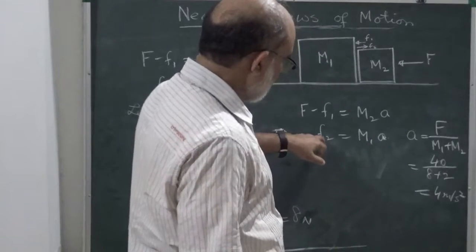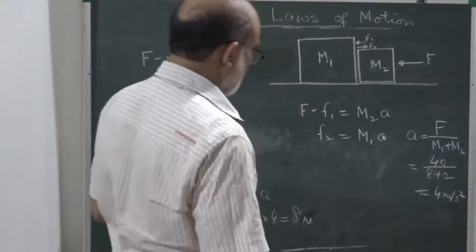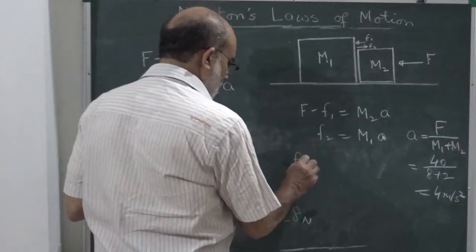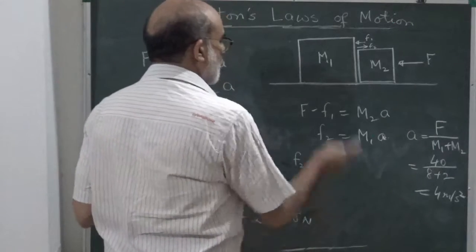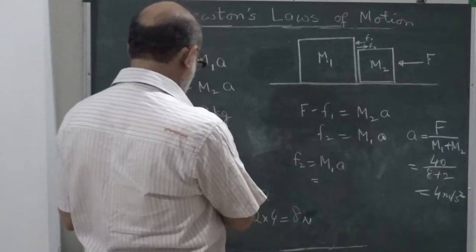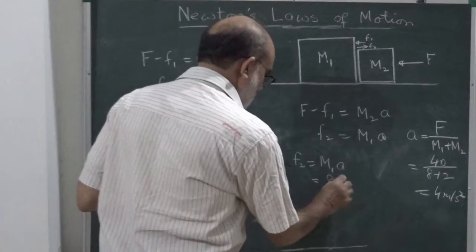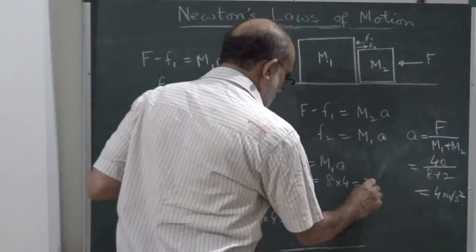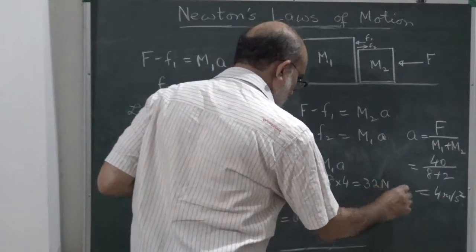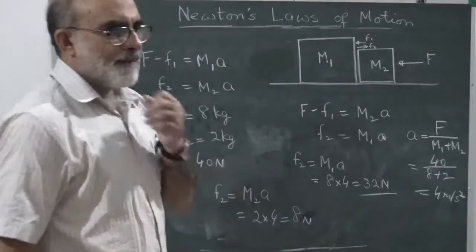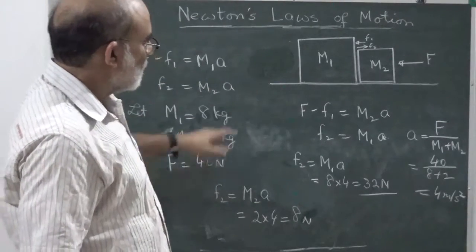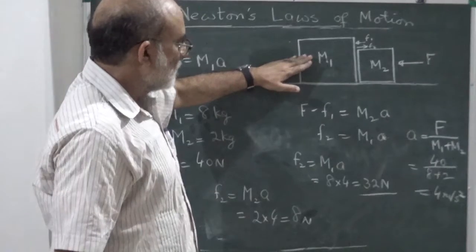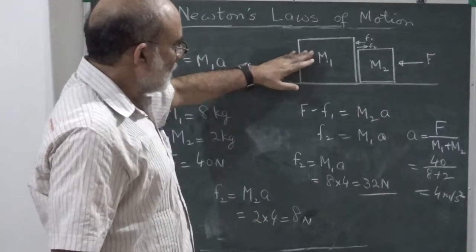Now we have to find the reaction between the two blocks. The reaction between blocks is here M1A, and M1 is 8 kilogram. So it is 8 times 4, that is 32. It means that 40 Newton was applied on the block M2.